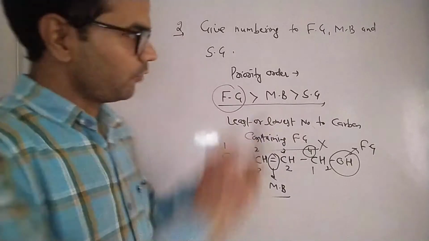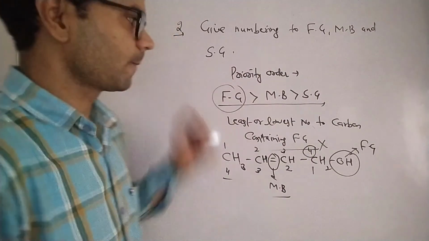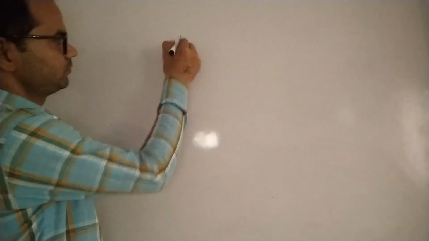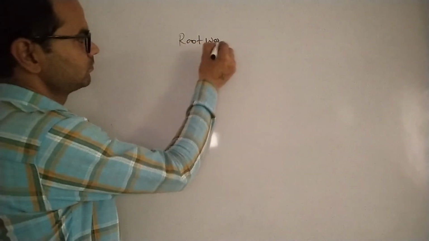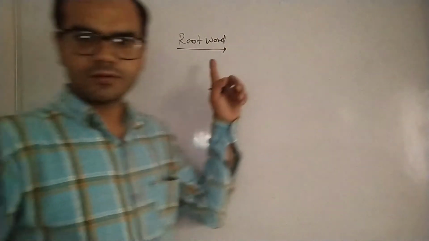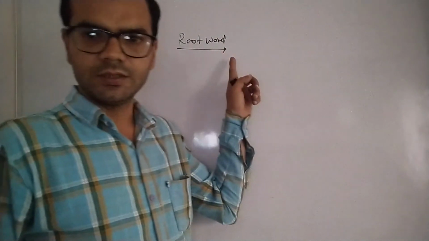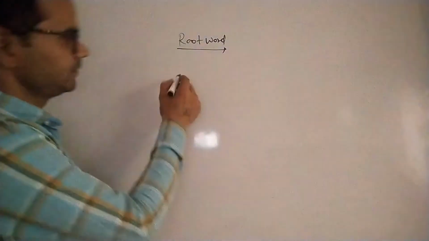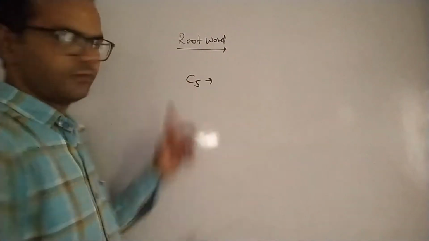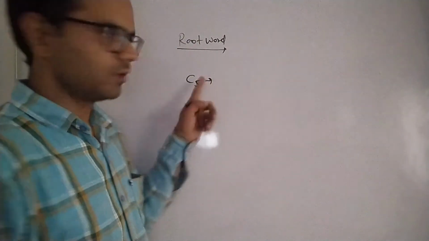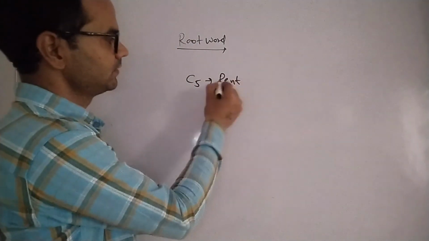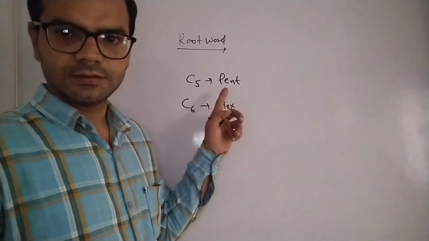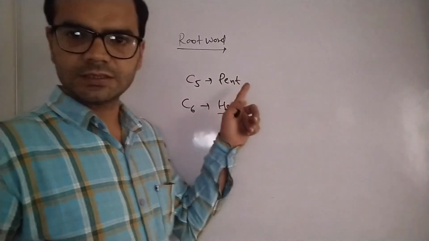Now what is the basic structure of an organic compound? First is the root word. The root word gives us the number of carbon atoms. For example, if we have 5 carbons in any organic compound, then the root word is pent. If we have 6, hex. We have discussed this in a previous lecture also.